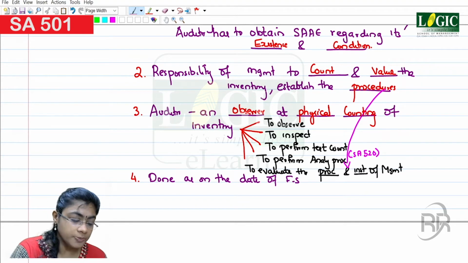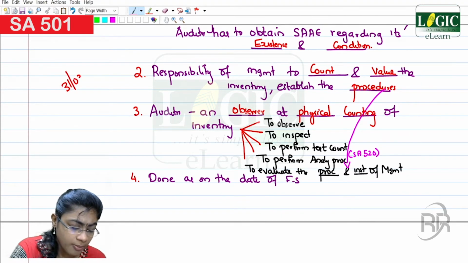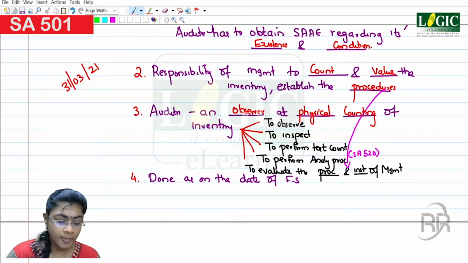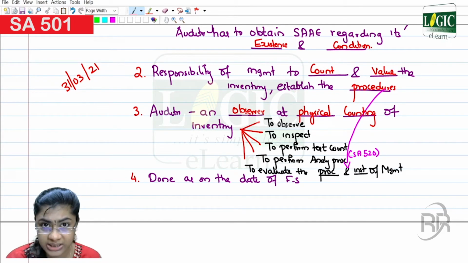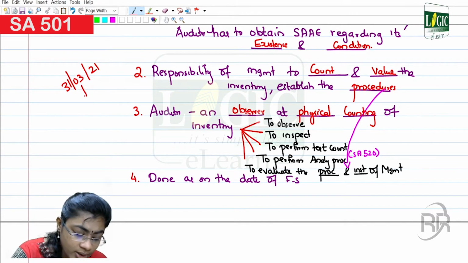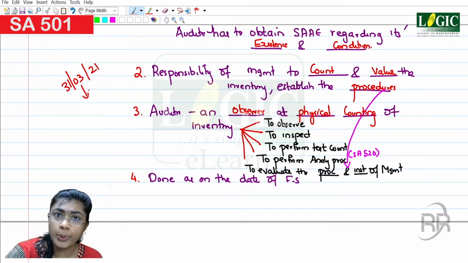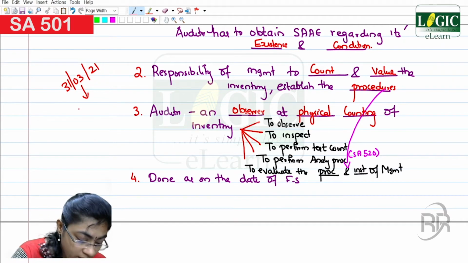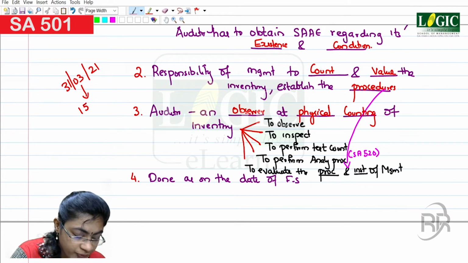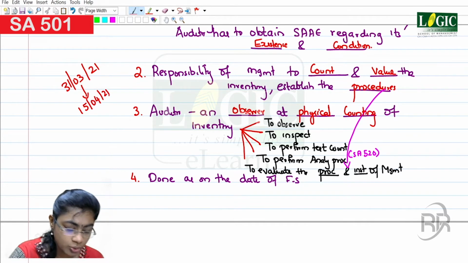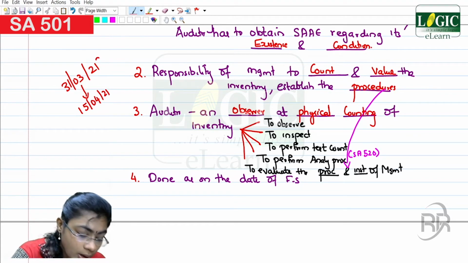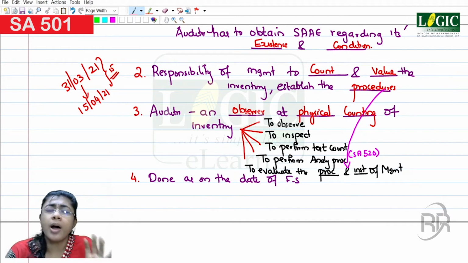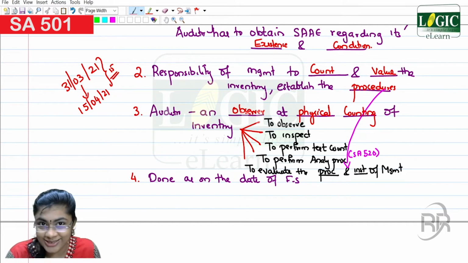Say for example, 31st March 2021. Okay, this is your balance sheet date. You were not able to go as on this particular date. We went as on say 15th April 2021, after a period of 15 days, because of some unforeseen circumstances.